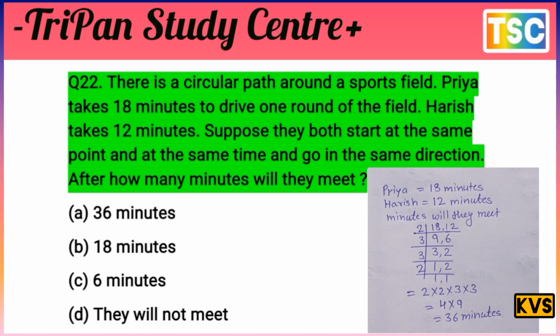The LCM is 3 into 3, and from 12 there is 2 into 2. It means 9 into 4, which is 36. So 36 is the correct answer.